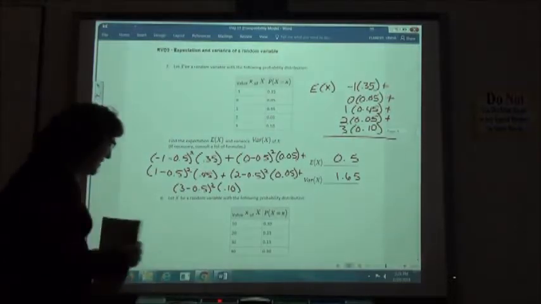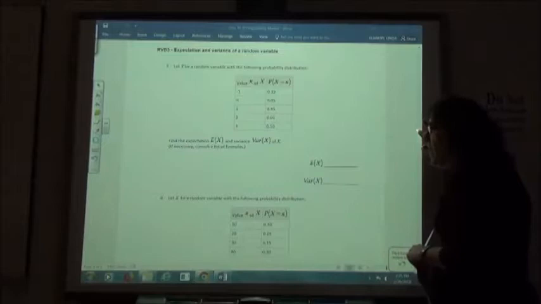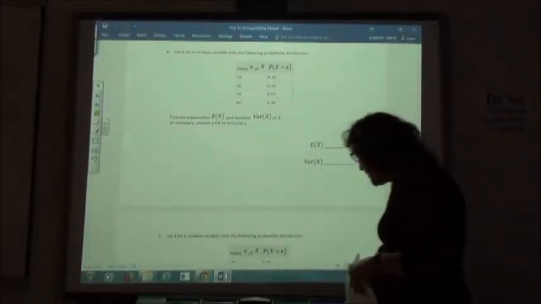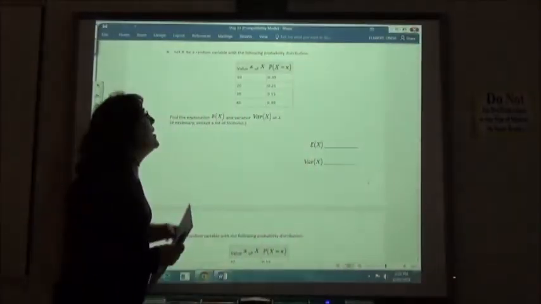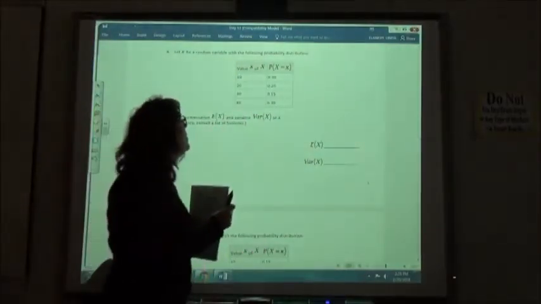All right. Number 8. First of all, we're going to find our expectation, which is basically finding our weighted mean by taking each of our values times its probability, adding them up.